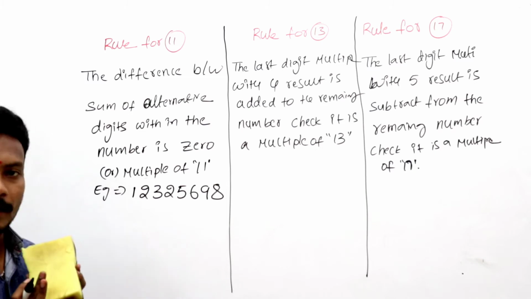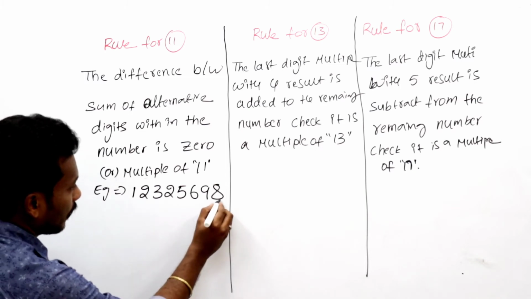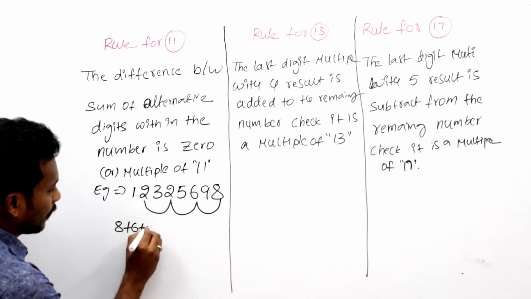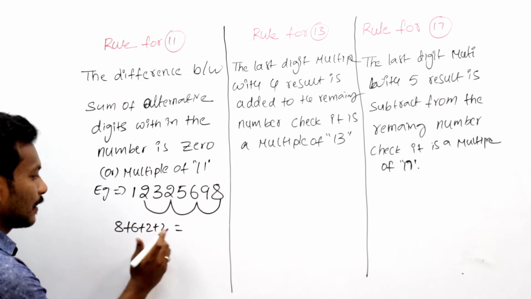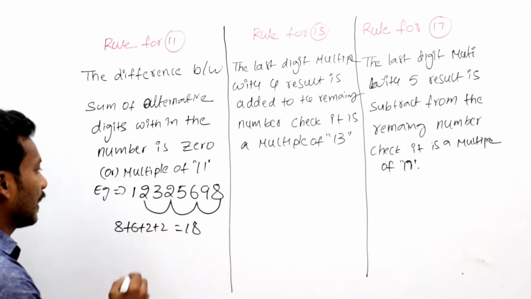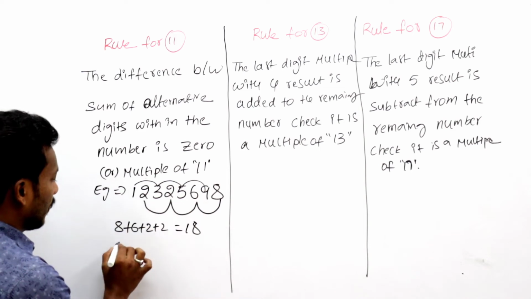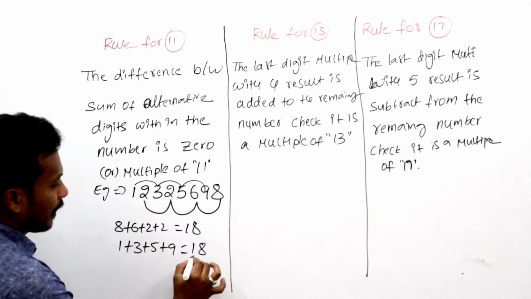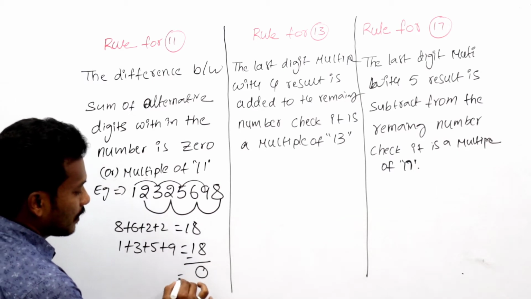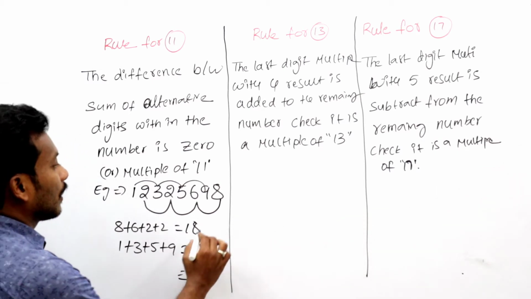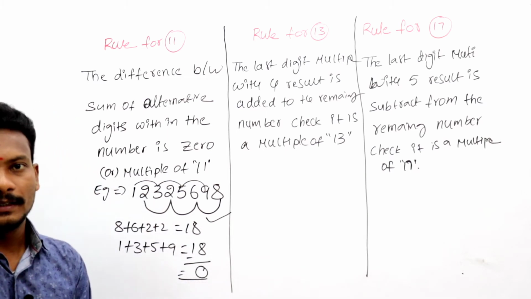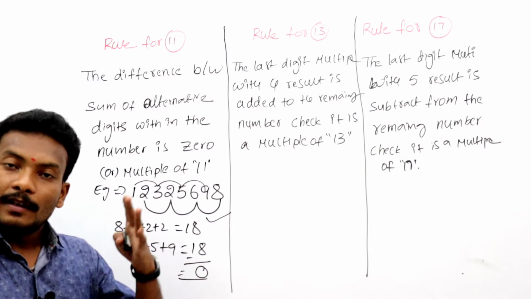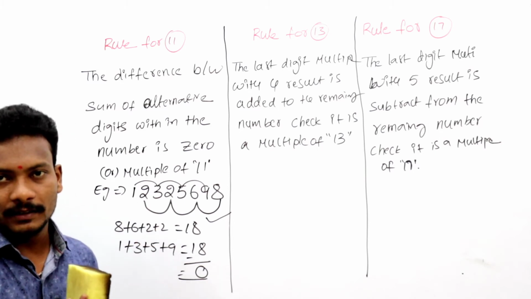First, 8 6 2 2: 8 plus 6 plus 2 plus 2, the total is 18. Now the remaining digits 1 3 5 9, that is also a total of 18. The difference of 18 and 18 is 0. That's why the total number is exactly divisible by 11. Whether it is 11 or a multiple of 11, it is exactly cancelled with 11.